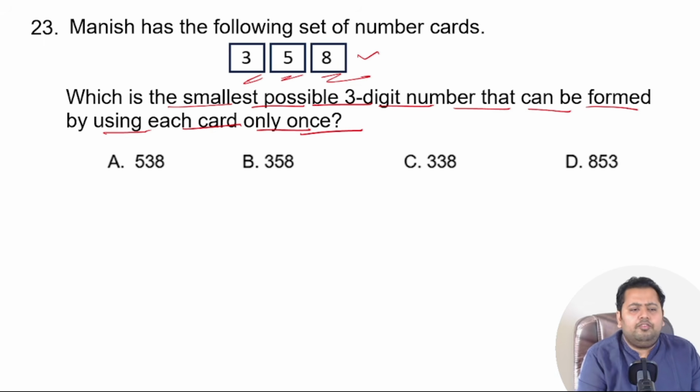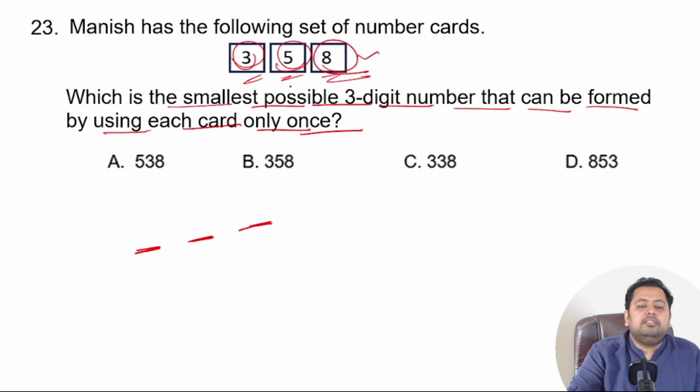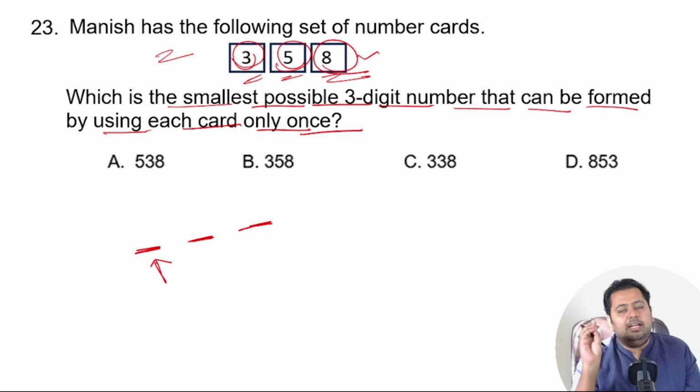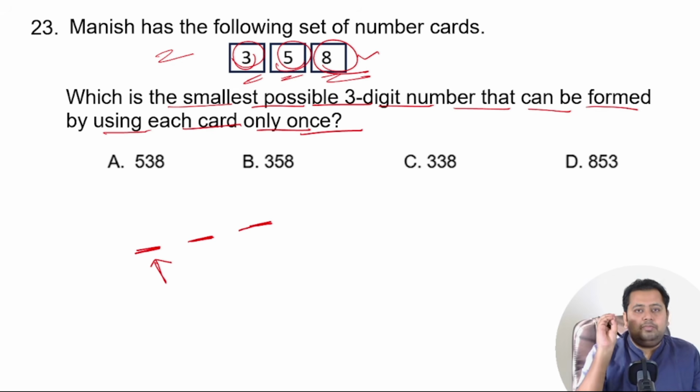Great. I guess you have got it correctly. So you want to find a 3-digit number using the numbers given, that is 3, 5, and 8, and find the smallest number that Manish can make. First, put the smallest possible number from these three at the hundreds place. This is nothing but 3.